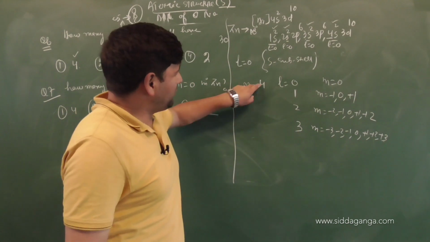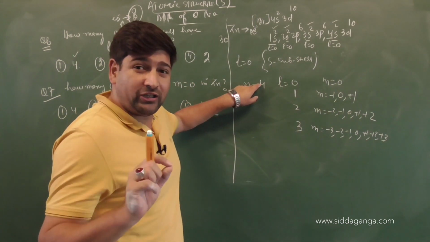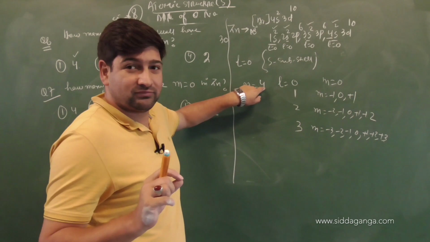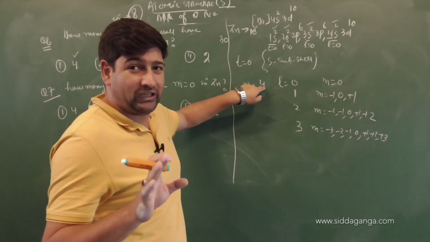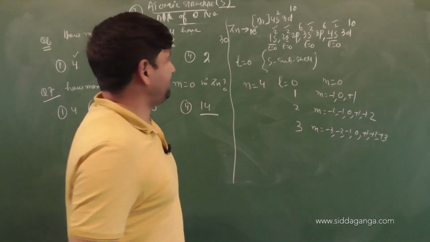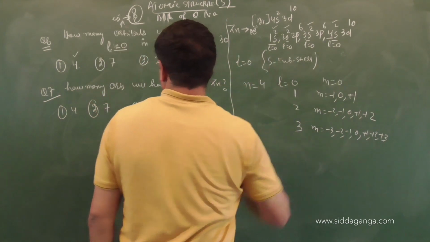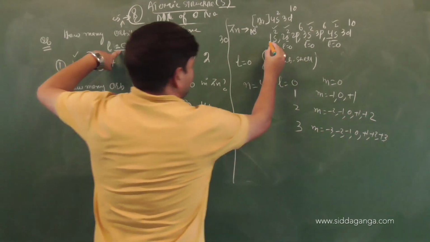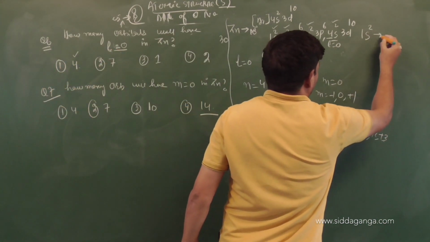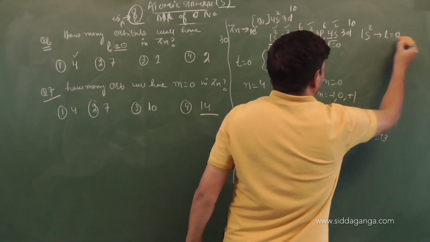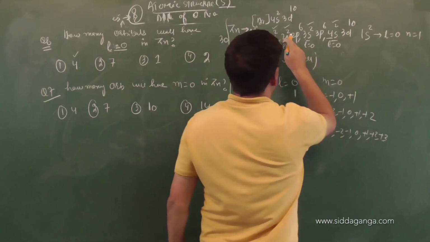Have a look. What is the N value equal to? 4. So we are only talking about N value 4. I didn't talk about 3, 2, or 1. Tell me children, a while earlier we solved this. For 1s2, what is the L value? 0. But the N value is 1. Very good.